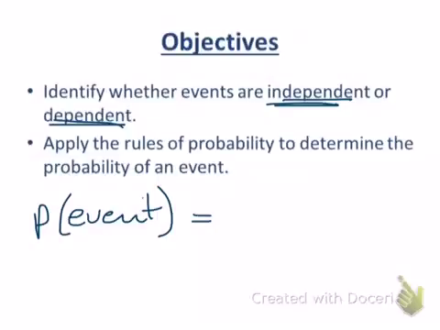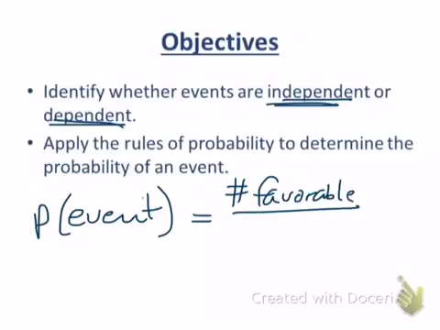It's the number of favorable outcomes divided by the number of possible outcomes. So it's the favorable divided by possible, right? So that's kind of what we're looking at. Number of favorable outcomes divided by the number of possible outcomes.